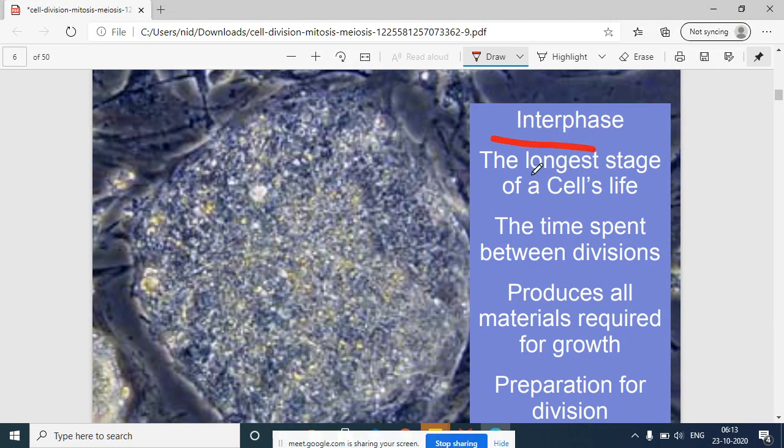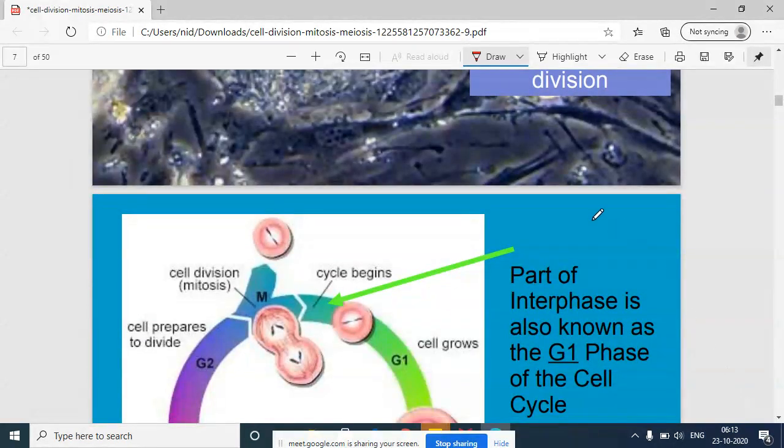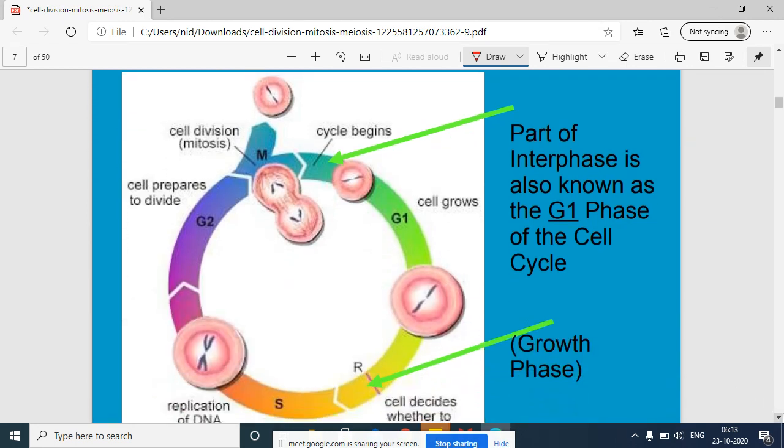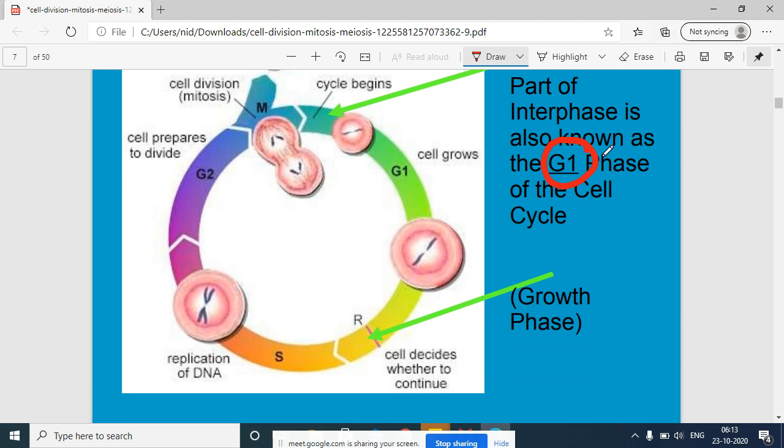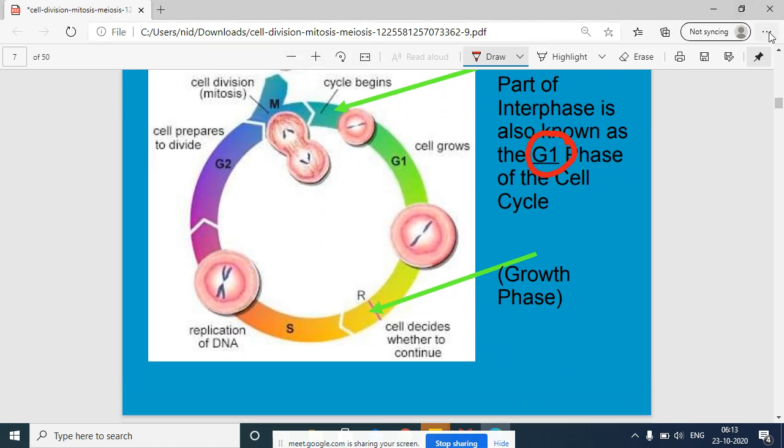Interphase. It is the longest stage of a cell's life, the time spent between divisions. It produces all the materials required for growth, and it's actually the preparatory phase for the division. Part of interphase is also known as the generation 1, or G1, phase of the cell cycle. Growth phase, you can see.